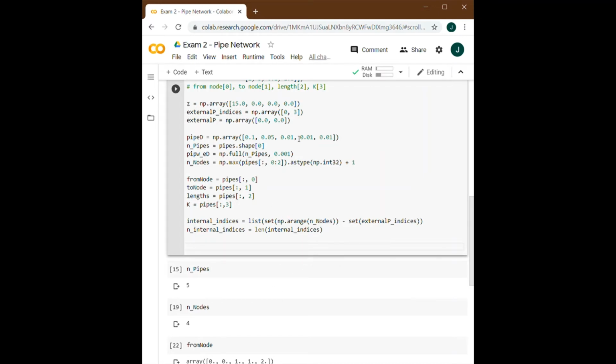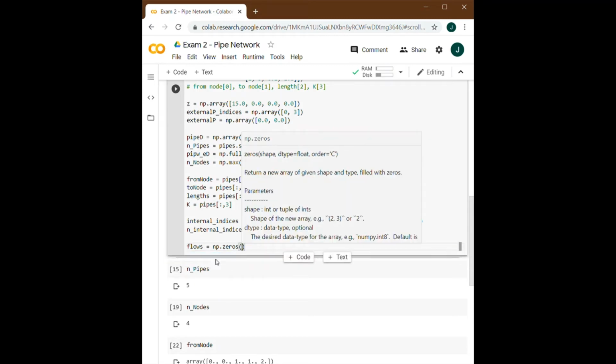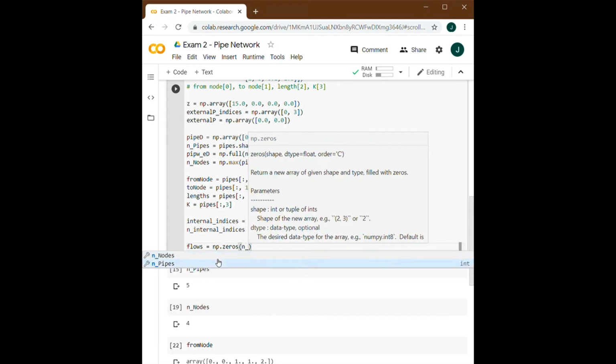So now that we have all of this information, what we're going to do is set up arrays to use for flows and net flow. For our flows array, we're going to create an array full of zeros equal to the number of pipes.